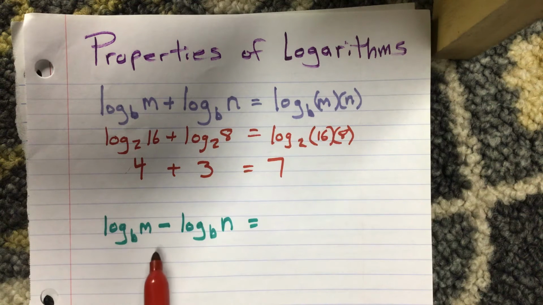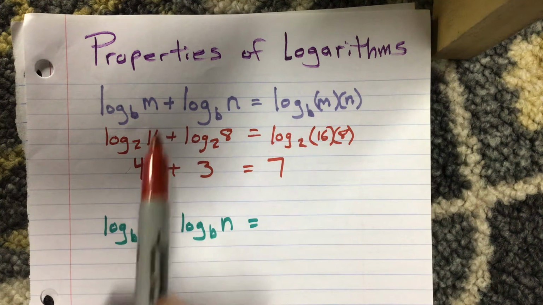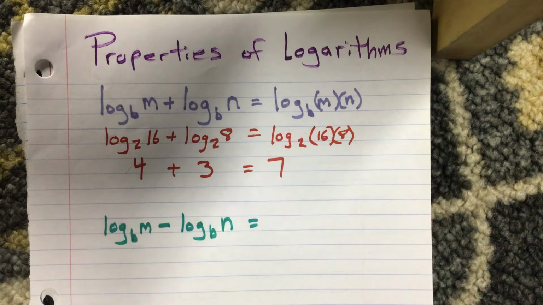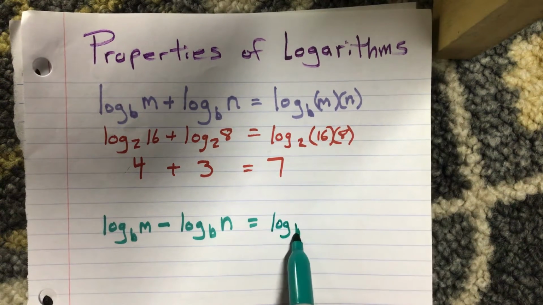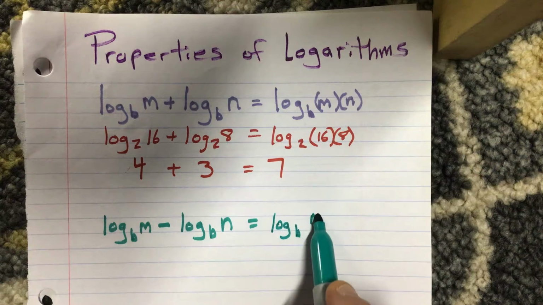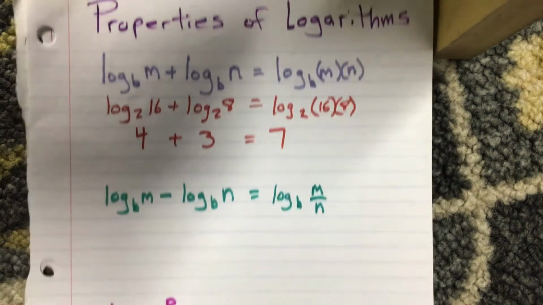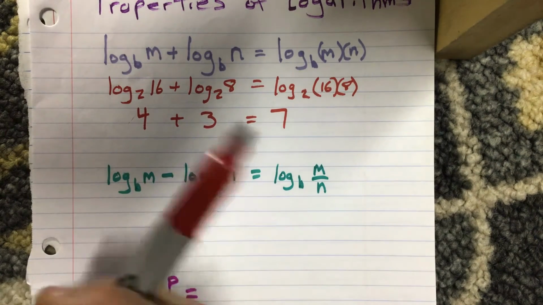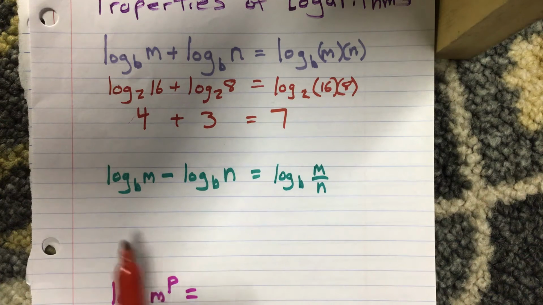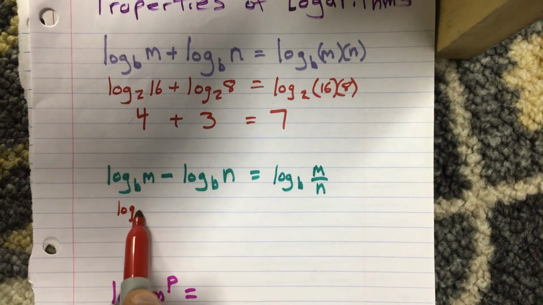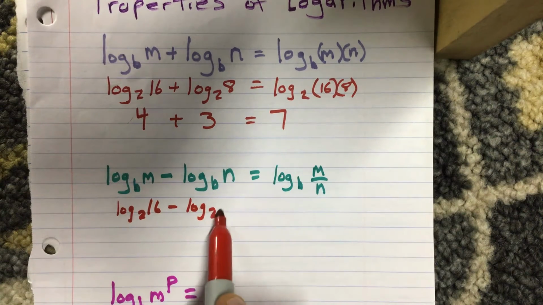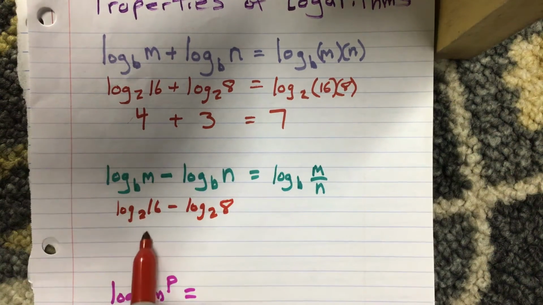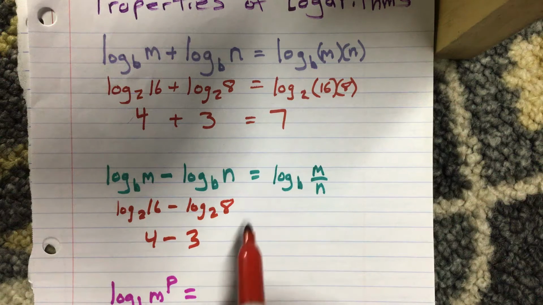This second one is the difference. Instead of the sum of two logs, you take the difference of two logs, and that equals the log base b of the quotient, m divided by n. So again, I'll use the same example, log base 2 of 16 minus log base 2 of 8, and we see that that's 4 minus 3, which is 1.